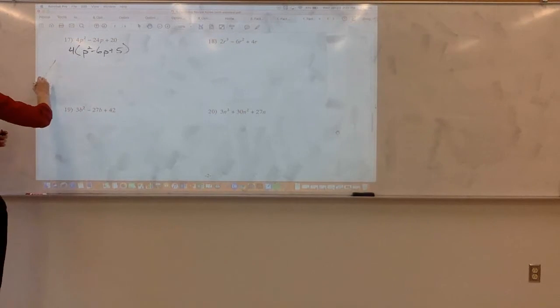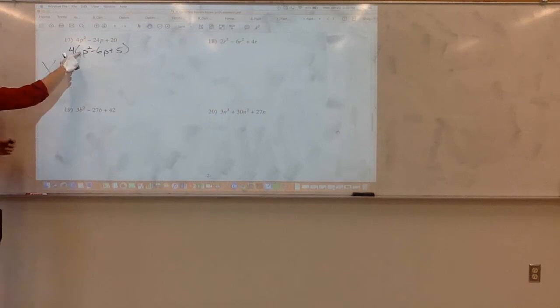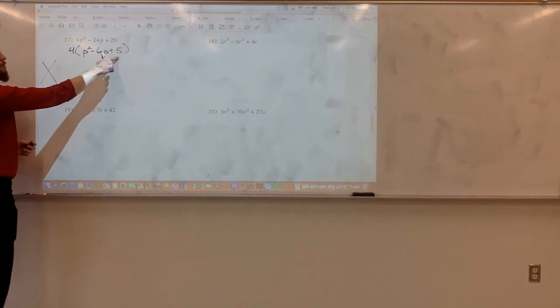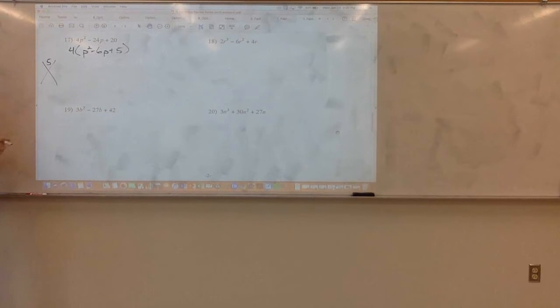So make my a, which is 1 now, times c of 5. So 1 times 5 goes to the top. And then in the bottom, take my b of negative 6. So I want two numbers that multiply to positive 5 and add to negative 6. What do we got?